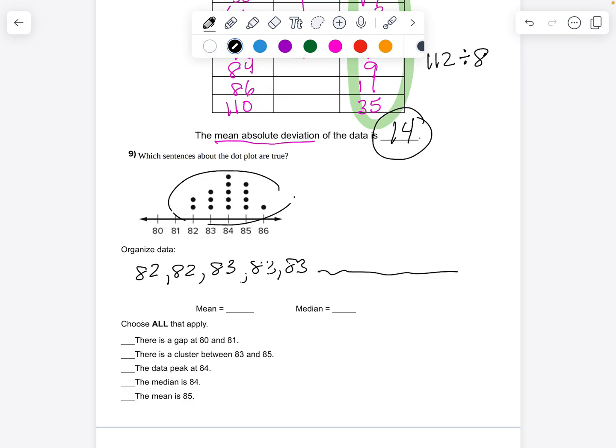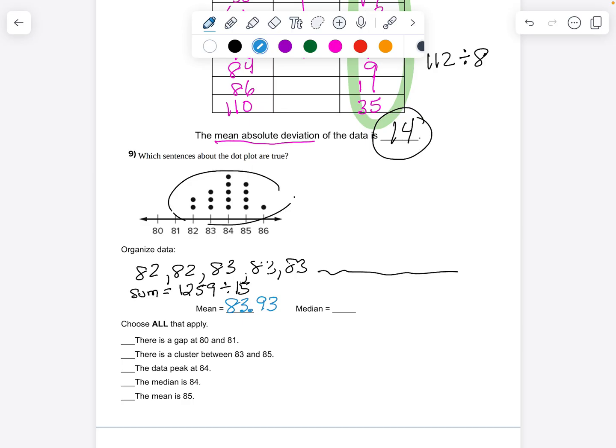And to find the mean, we're going to add it all together and then divide by the number of dots or the number of pieces of data. So when you found the sum for this data, you should have gotten 1,259. There were 15 dots or 15 pieces of data, which would give you a mean of about 83.93. Again, it didn't say where to round to.